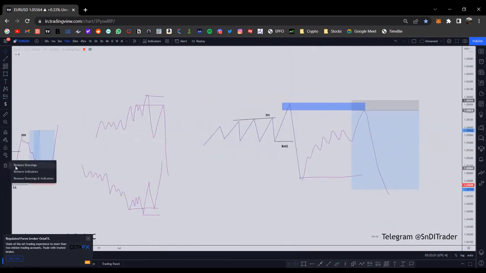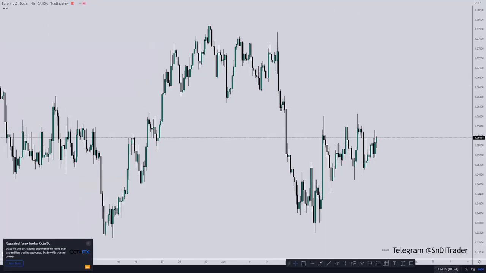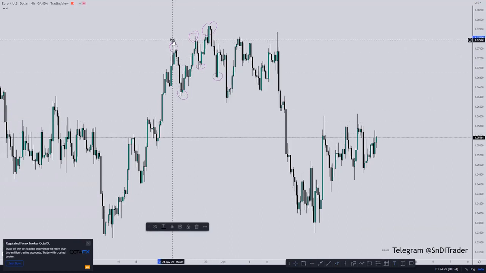So let's go on a real chart and explain these things to you. So now you see we have this on the Euro USD chart. We have the formation of higher high, higher low, higher high, higher low, higher high, and lower low. So we have this higher high, this higher high, and this higher high.